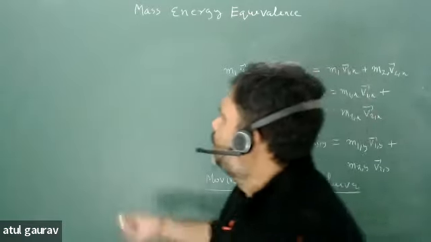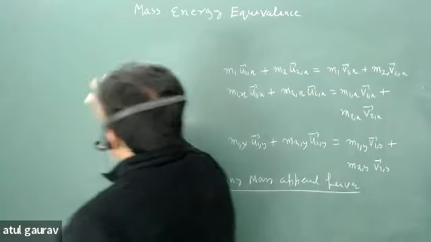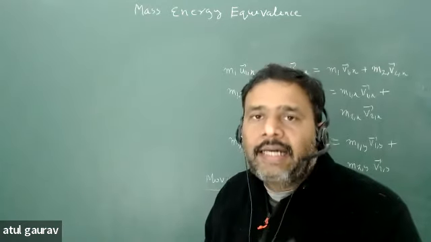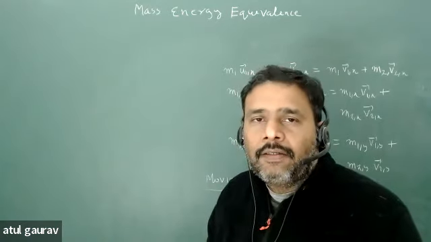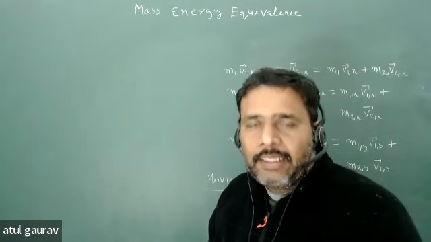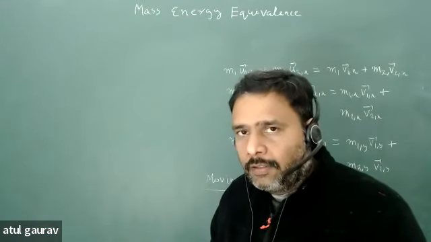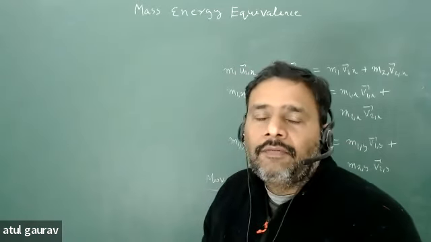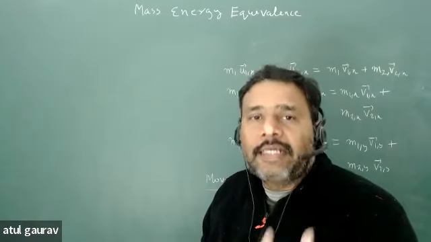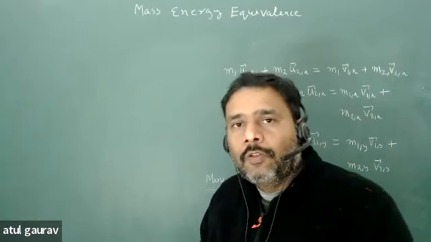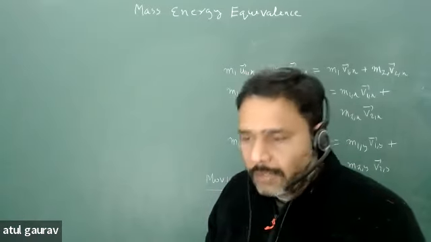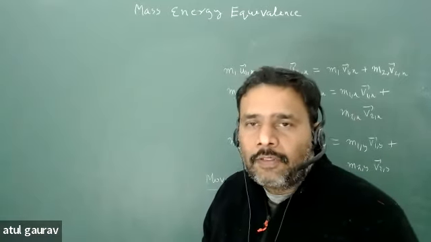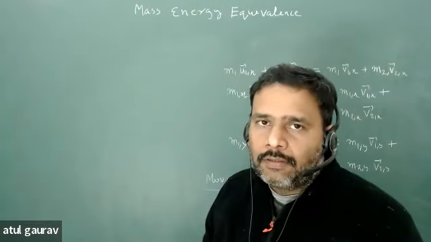And you can easily use this concept. Also, if you have proper time, this proper time is nothing but unique in nature. Similarly, proper length is unique in nature, and similarly the rest mass is also unique in nature. So rest mass, only that observer will observe who is at rest with respect to the mass.